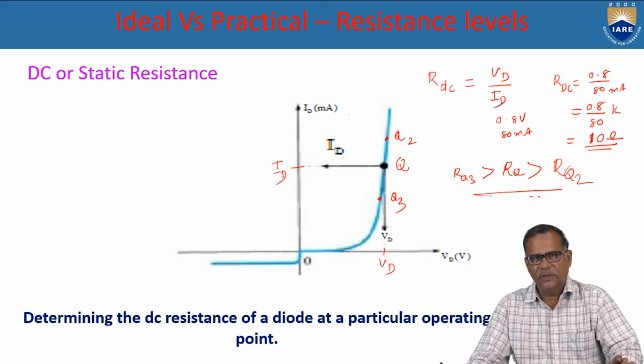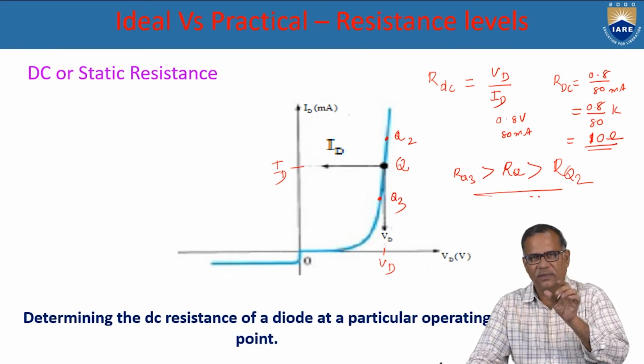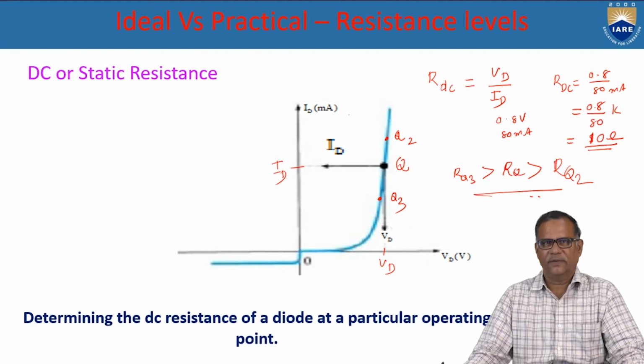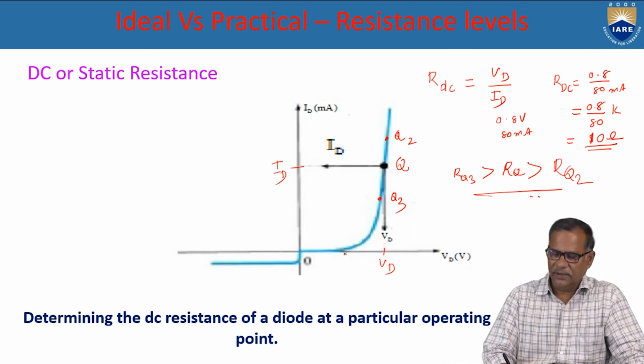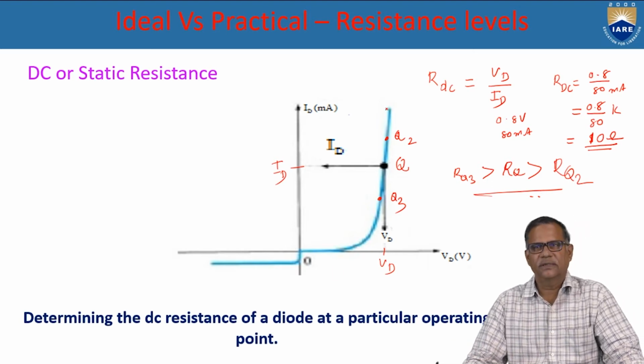So we assume that there is a fixed voltage that is applied to the diode, and the fixed voltage is constant. So we get a constant current flowing through the diode, and the constant current can be determined by using the characteristic curve. So this is if the diode is forward biased.